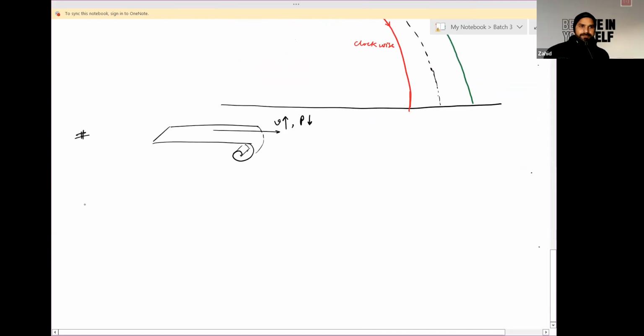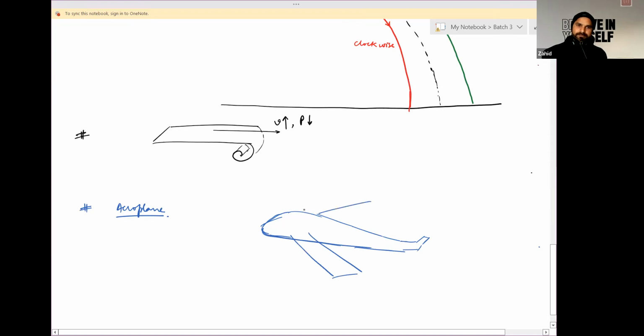On the basis of this concept, we can explain the takeoff of an aeroplane. Suppose there is an aeroplane. First it runs on a runway.